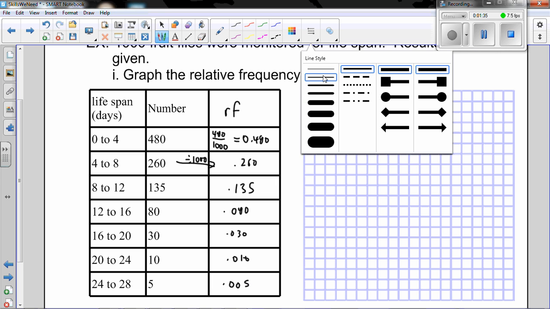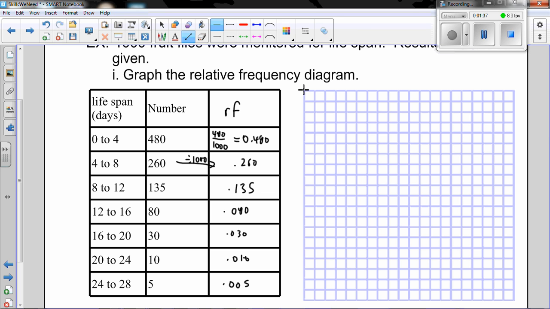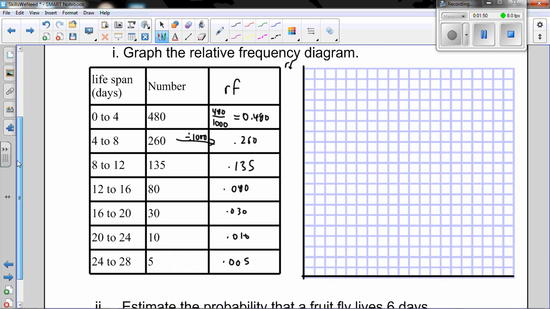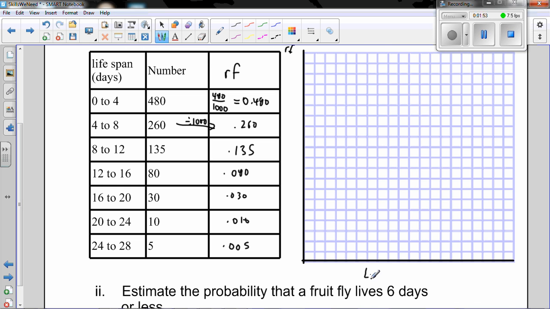So, remember, along the y-axis is the relative frequency. Along the x-axis is my data, which is lifespan here. And I want to use a decent scale. We've got to go up to 28, so that's 4 days, then 8 days, 12, 16, here we go.